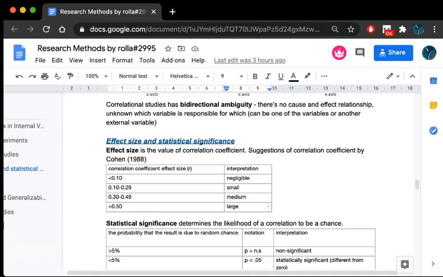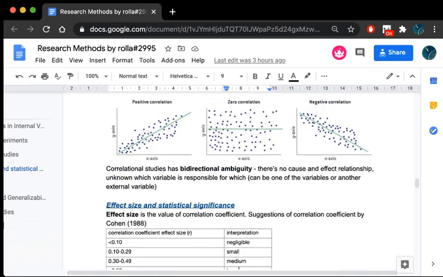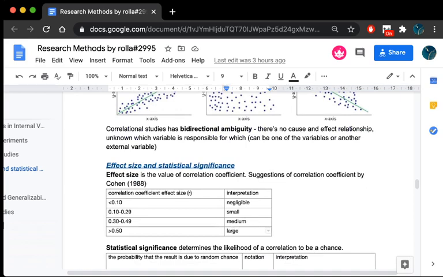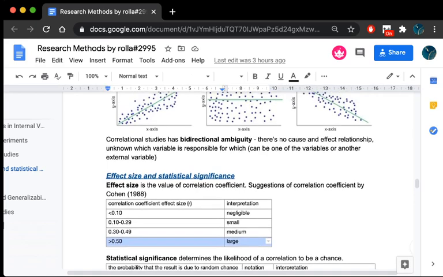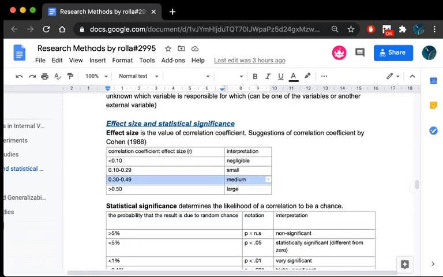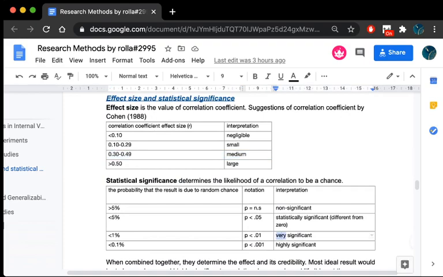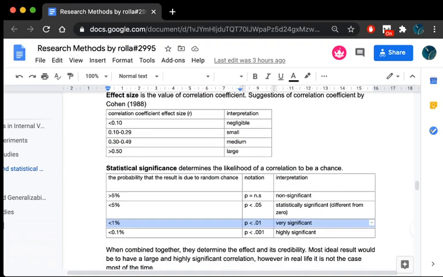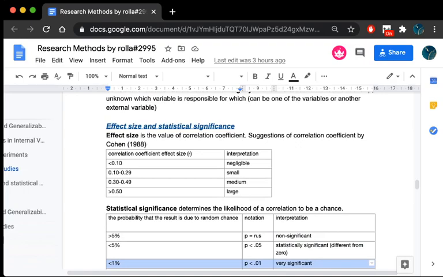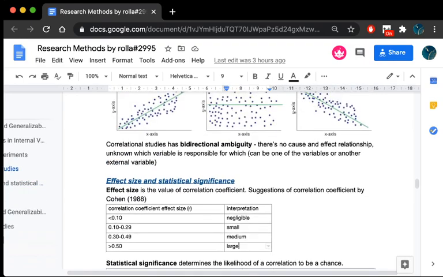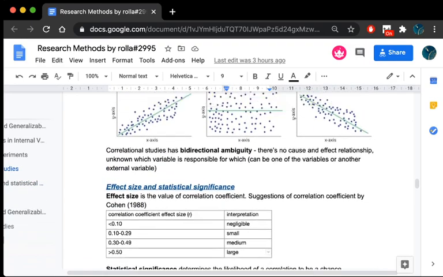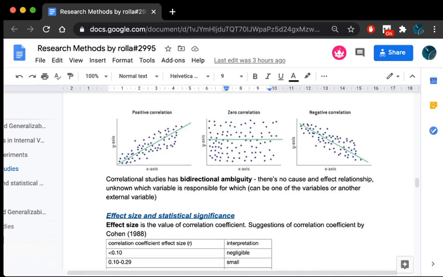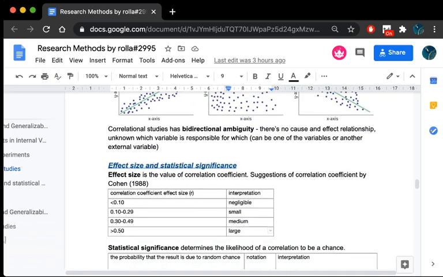Okay, let's just say that we found out that aggression is linked to genetics, positively correlated to genetics. I'm just making these things up, so please don't take my word for it. Let's say aggression is positively correlated to genetics, and they found that the correlation is very high, very close to 1, like 0.95 or something.